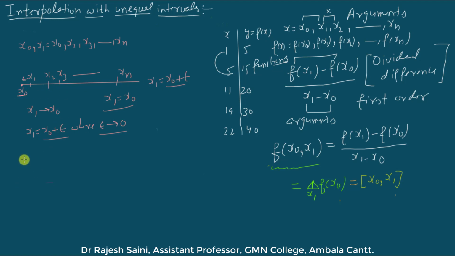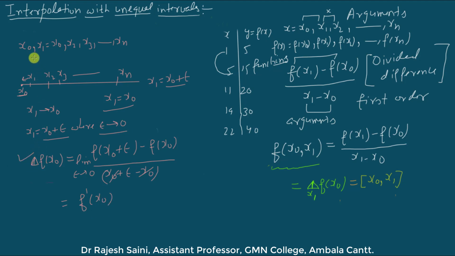So in that case I will write the first order divided difference delta f of x0 as f of x0 plus epsilon minus f of x0, divided by epsilon, with the limit of epsilon approaching 0. The x0 terms cancel, and by definition this is nothing but f dash x0.